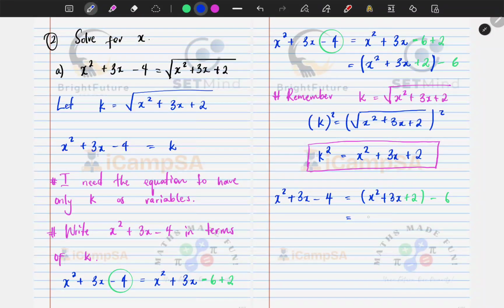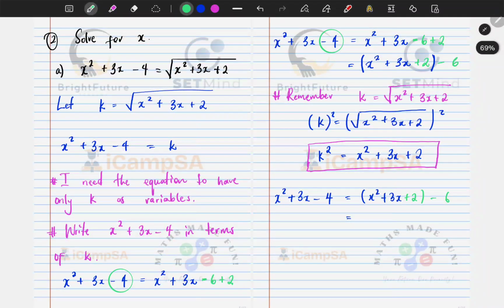It's going to be the same thing as k squared minus 6. I write the minus 6 in a different color because I want you to see the changes that I made. So this is going to be k squared minus 6, and you still have your x squared plus 3x minus 4.